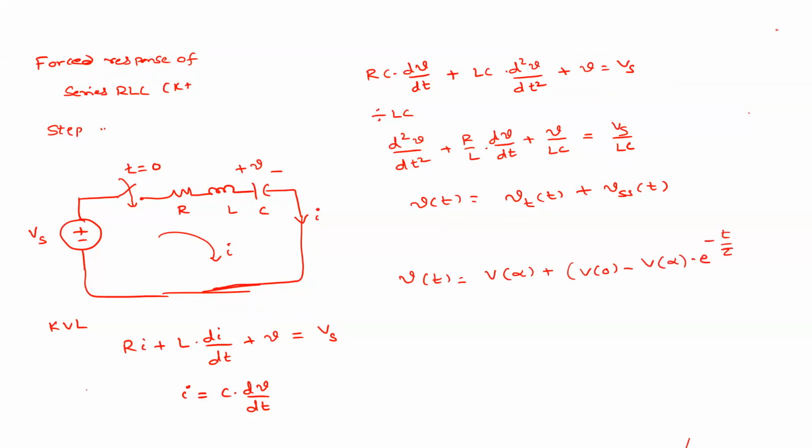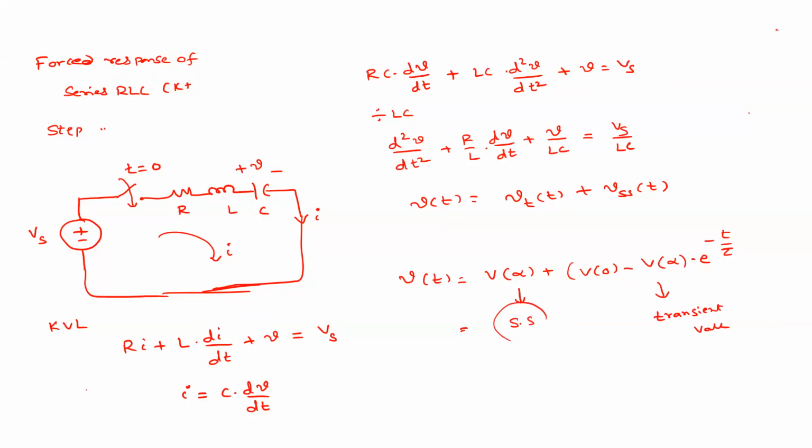If you decompose this into two components, one is the V of infinity term, which is the steady state value, and the other is the transient value. So this is the steady state response and this is the transient response.